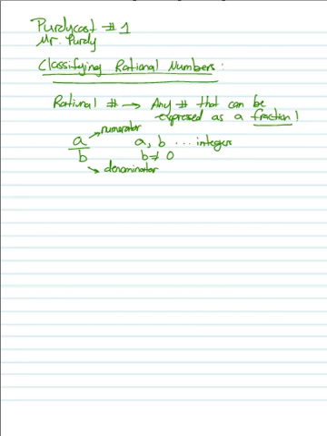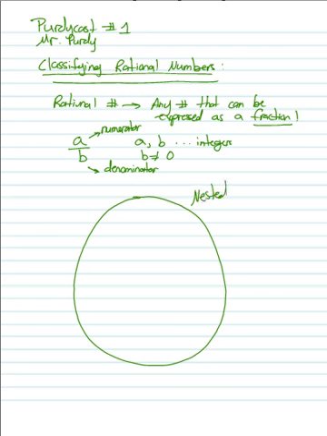So to get back to the topic of rational numbers, we're going to use a diagram today called a nested Venn diagram to describe and look at the subsets of the rational numbers.